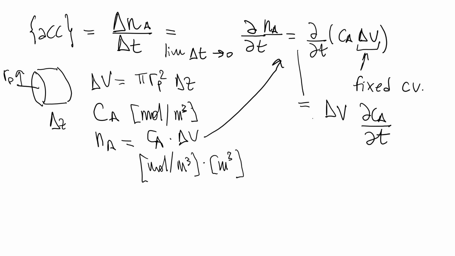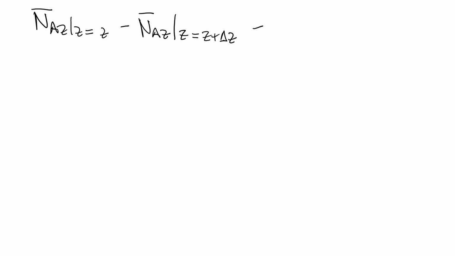Now I'm going to summarize all the terms once more, and we'll have NAz at z, minus NAz at z plus delta z, our rates in and out, minus k times our volume, which was pi Rp squared delta z, equals accumulation. So again, pi Rp squared delta z, our volume term, times dCa/dt.